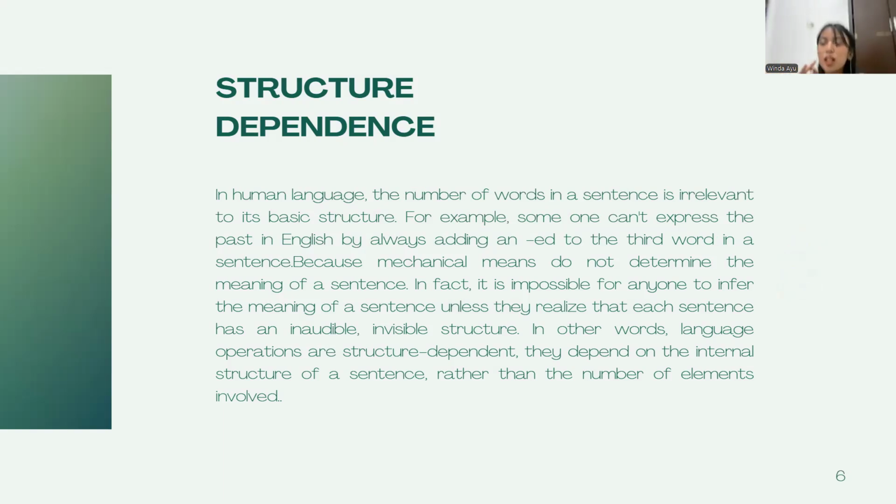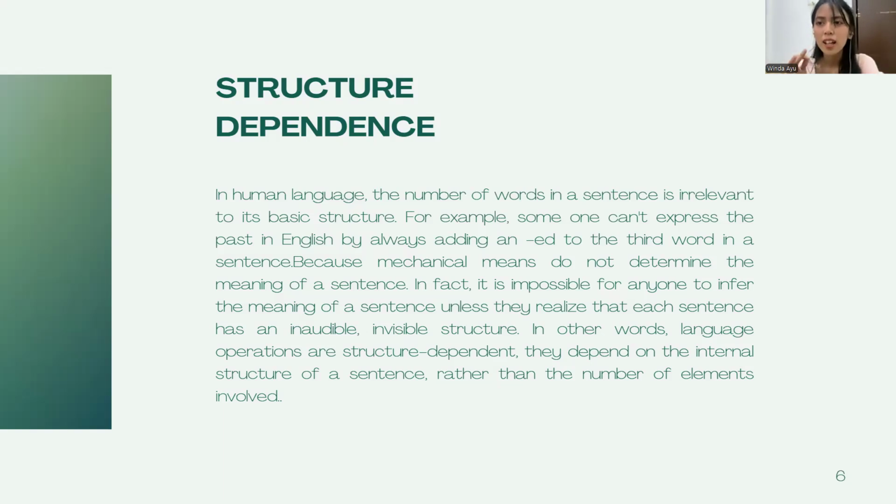For example, someone could express the past in English by always adding an -ed to the third word in a sentence, but mechanical means do not determine the meaning of a sentence.